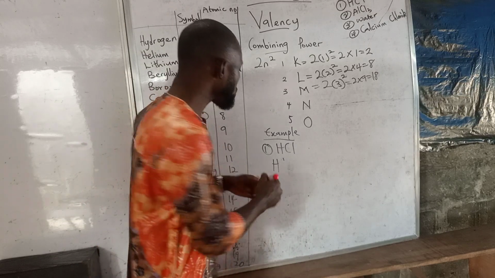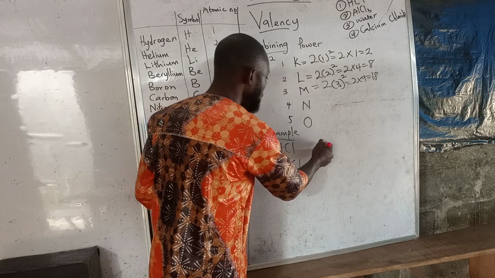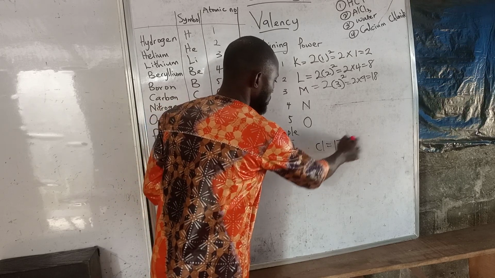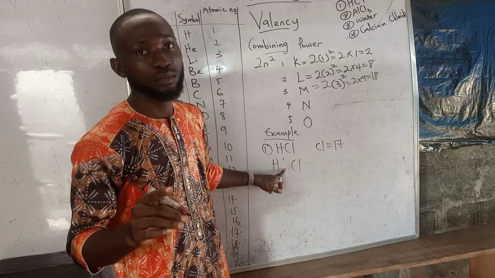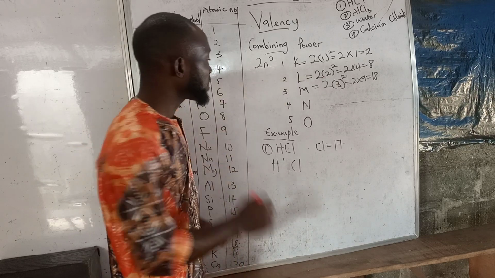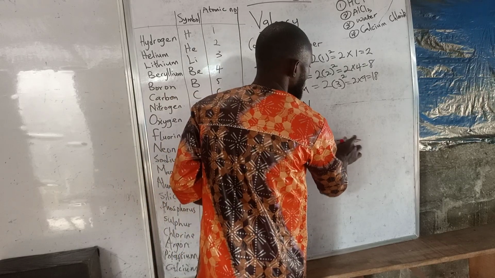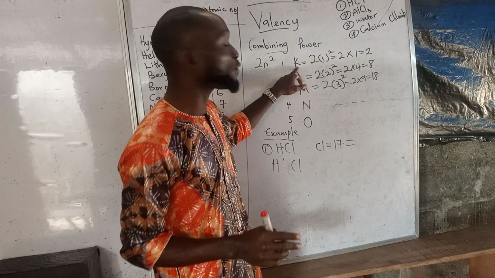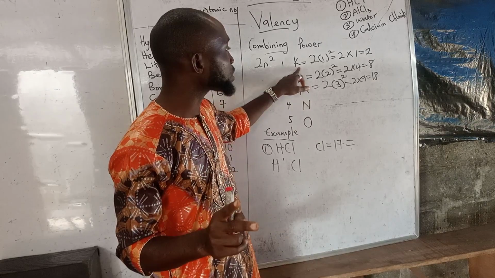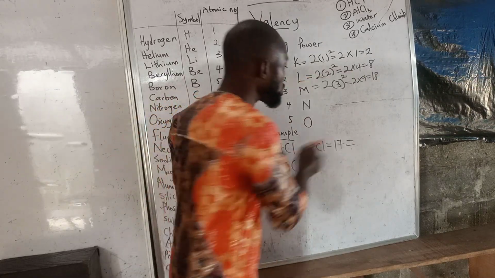Now, if you want to configure chlorine, how do we do this? Don't forget that we are not emphasizing hydrogen because it has just one electron, so it will be in the first shell. Now for chlorine, the first electrons go into the first shell, don't forget, and the first shell can only contain 2 electrons, so you put 2 there.